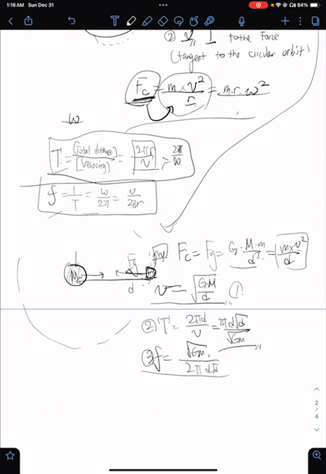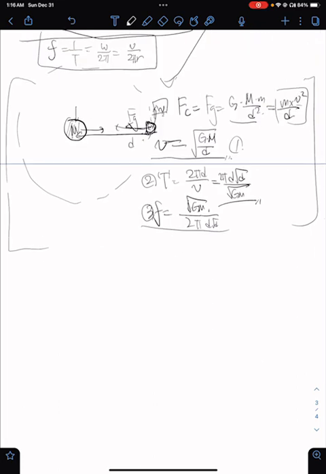So this is the basic idea of how we're going to solve problems that involve circular motion. We're going to find the centripetal force, and then from that we're going to find the velocity at which the object is spinning around the circular orbit, and then the period of the orbit, and finally the frequency of the orbit.